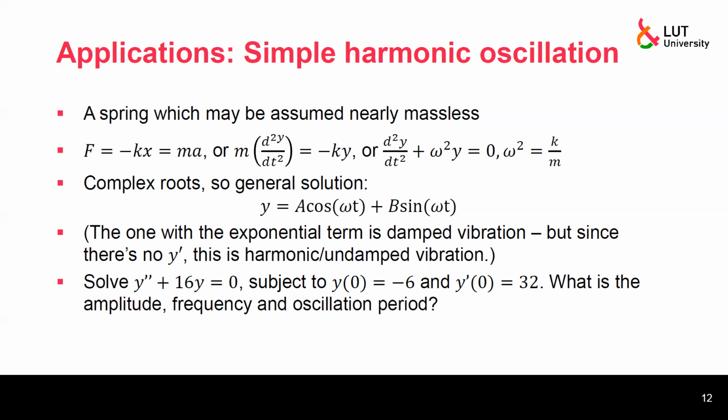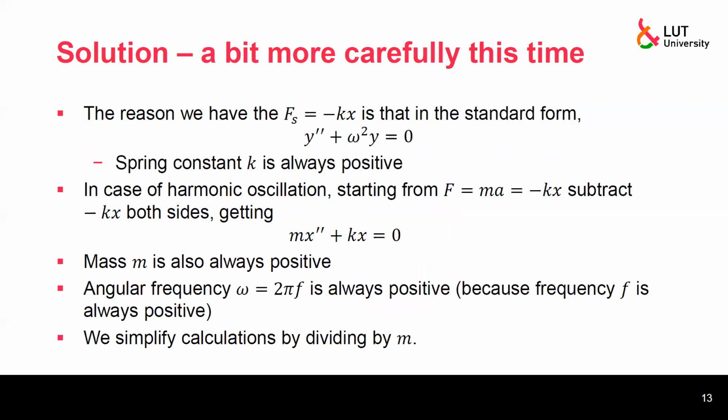If we had this exponential term there, then depending on the constants it could be either amplifying or a dampened vibration. So we solve that and find the amplitude, frequency, and oscillation period.